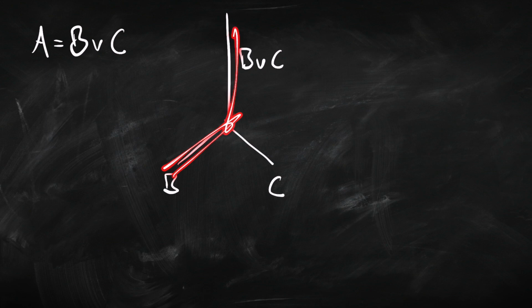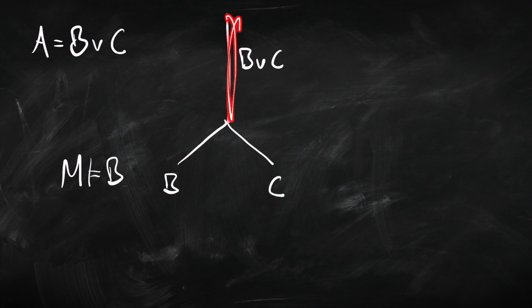So if that's the branch that stays open, then we can infer that M makes B true. On the other hand, if that's the branch that stays open, then it would follow that M makes C true. Now, we don't know which branch stays open, okay? We know that either M is going to make B true or M is going to make C true. I mean, it might be both, but we just can't say for sure.